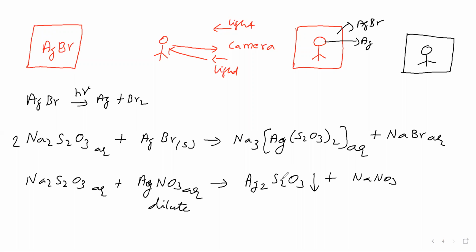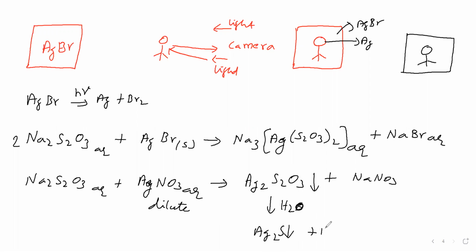This white precipitate becomes yellow, then brown, then finally black. That black is Ag2S, silver sulfide, a black precipitate.